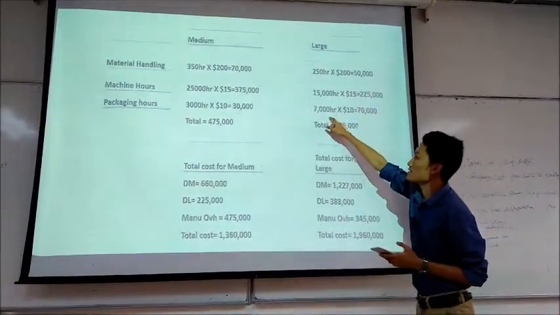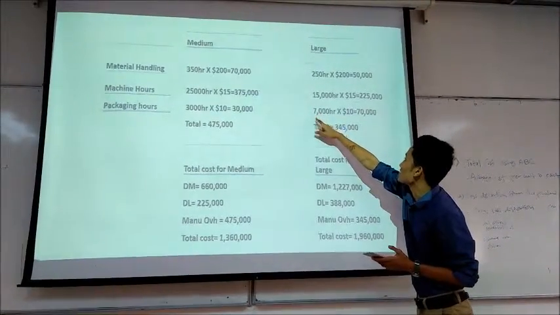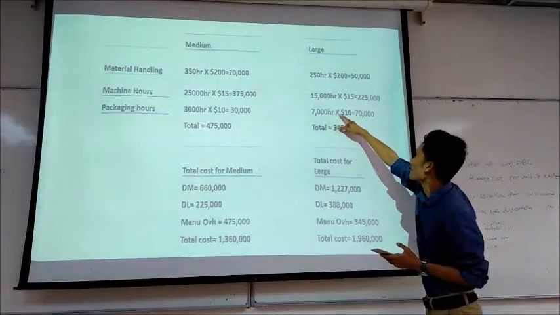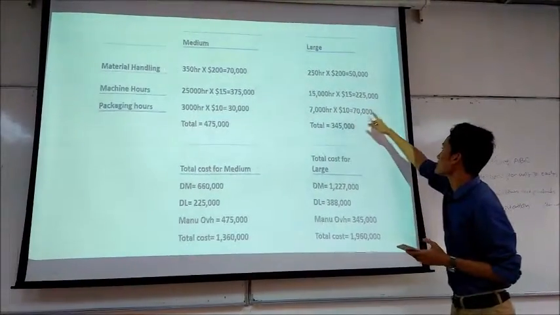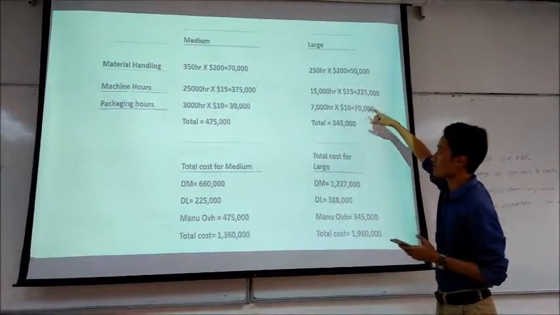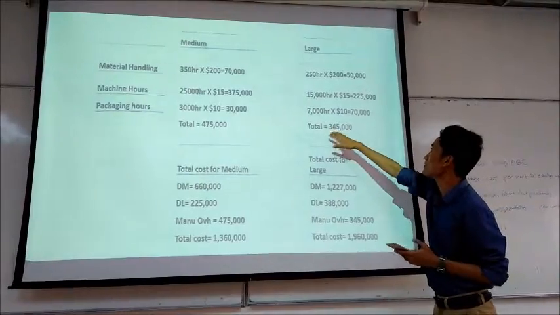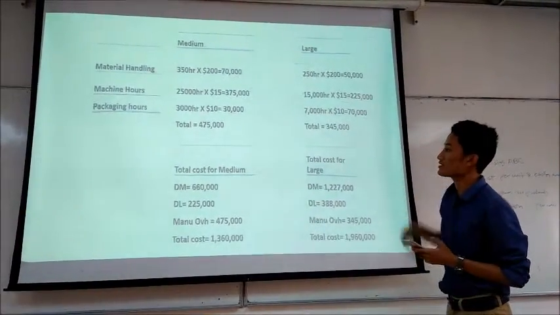And the final one is the packaging hours of the large TVs. You times 7,000 hours with the rate $10, and you get 70,000. And then you add up all of the cost drivers, you will get 345,000 for the large TVs.